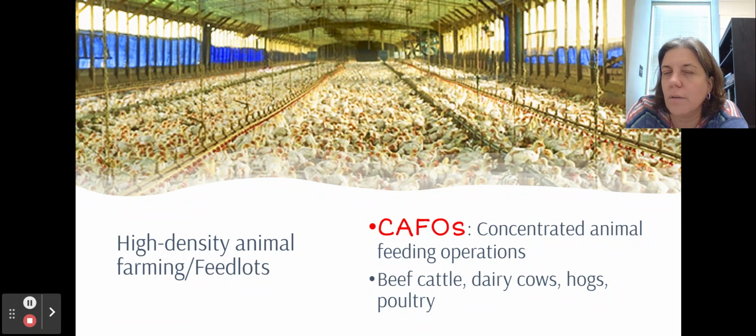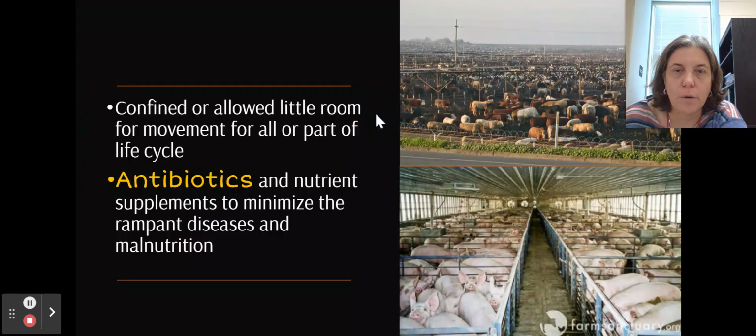We probably have all of those in North Carolina, maybe not quite as many beef cattle as we do hogs and poultry. But these are very high density feedlots that raise a lot of animals in a short time, very resource intensive, getting as much food to them as you can and growing them up as quickly as you can so that you can sell them to market.